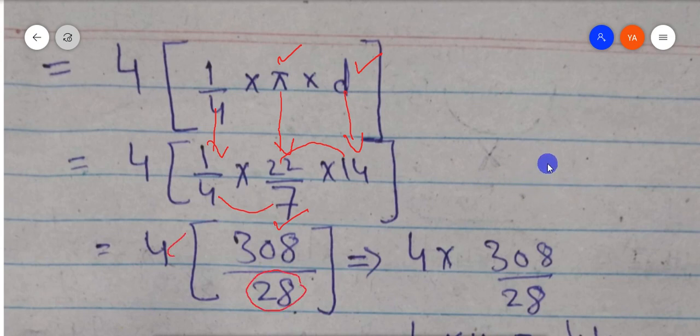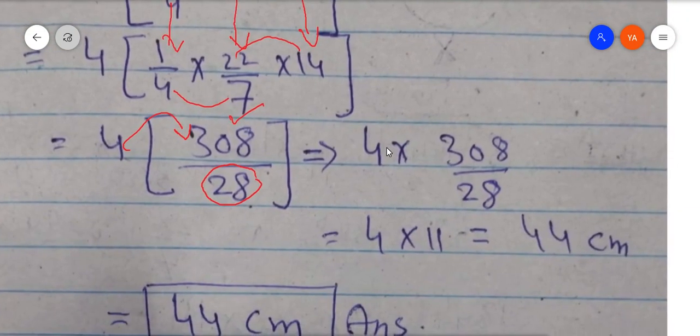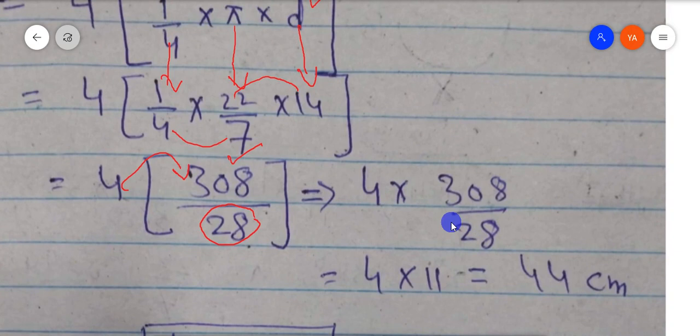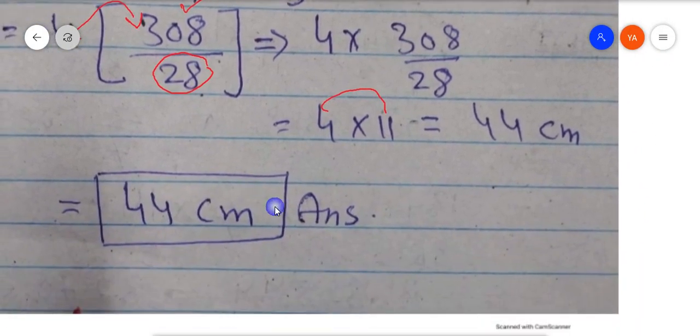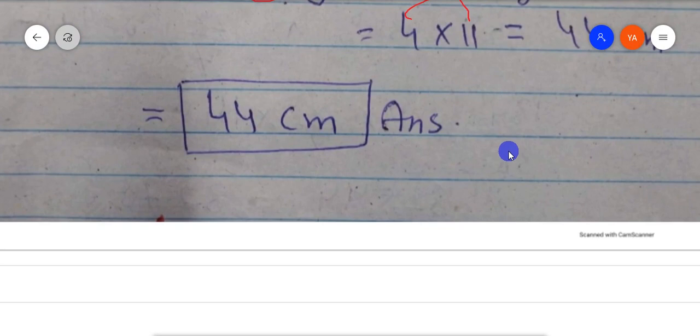Now multiply by 4 with this whole bracket, then it will be 4 multiply by 11 and 4 11s are 44 centimeter. So our result is 44 centimeter.